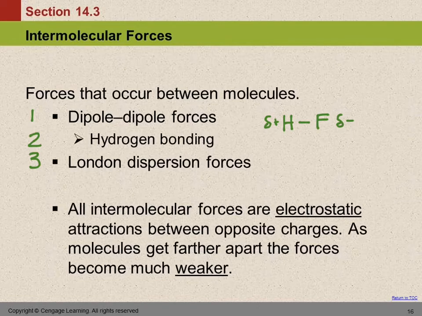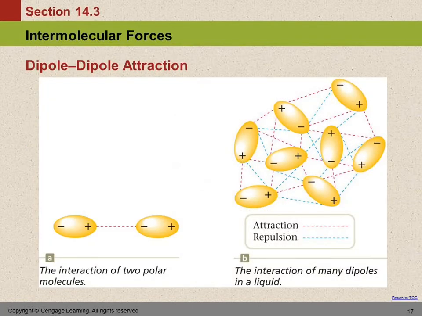So let's look at these. The first one we'll look at is a dipole attraction. These kind of look like little grains of rice or something. This is a molecule that has a dipole. One end is slightly negative, one end is slightly positive because the electrons are not being shared equally. The positive end of this molecule is electrostatically attracted to the negative end of that molecule.